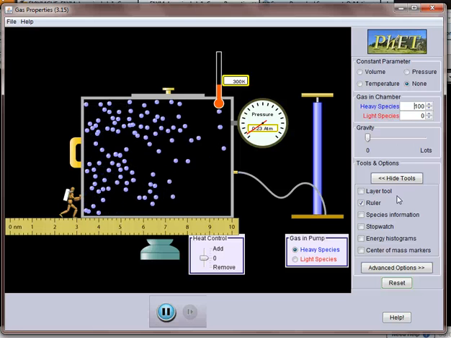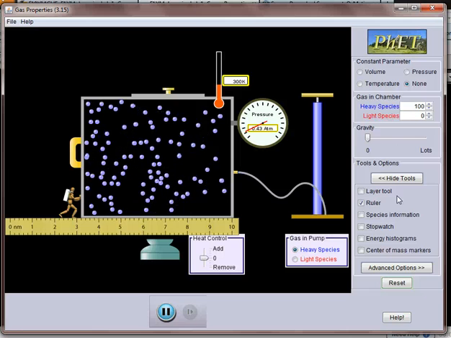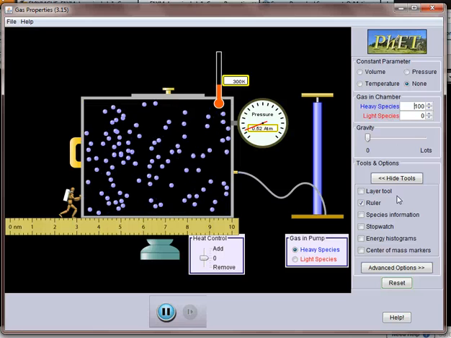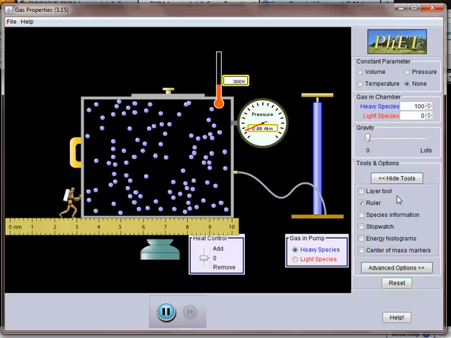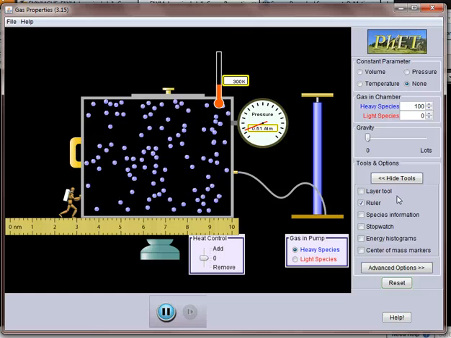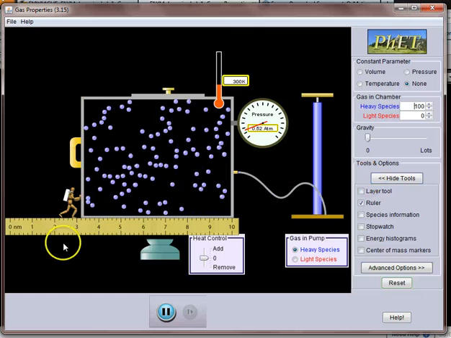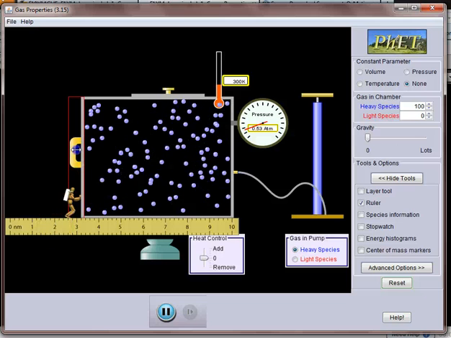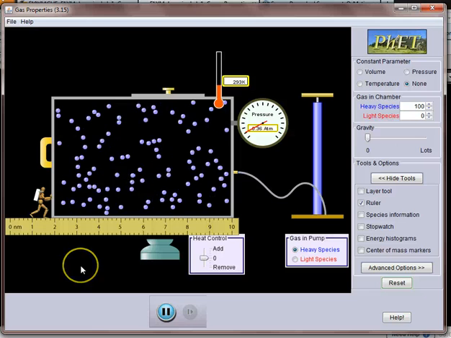Okay, so let's wait for pressure to stabilize. Now we move the handle to number 2 on the scale.